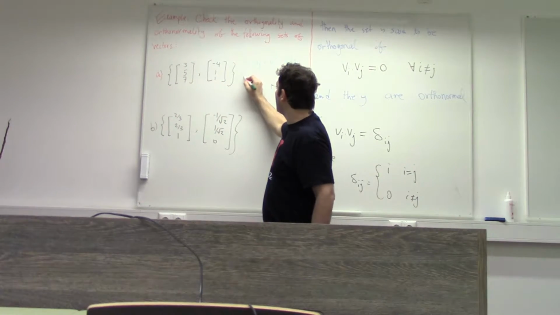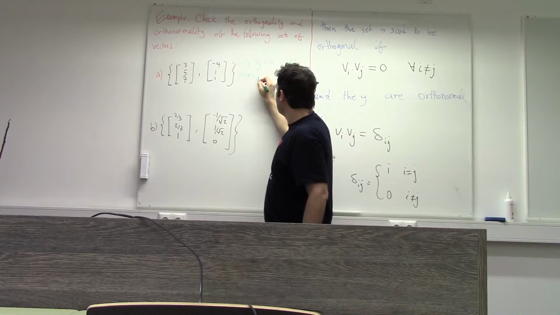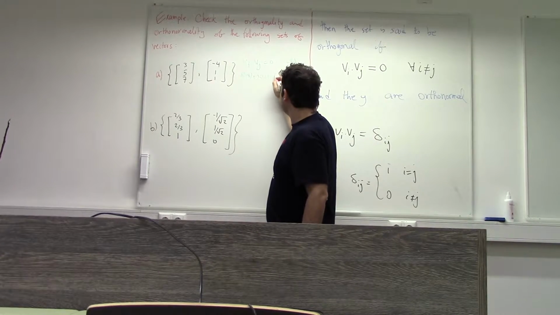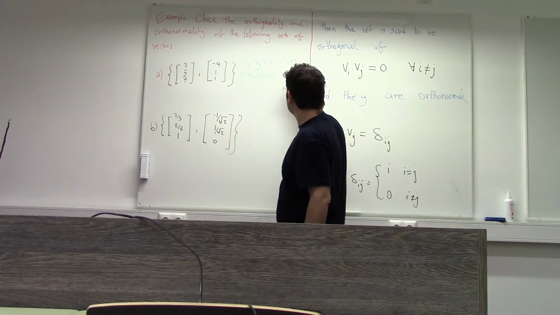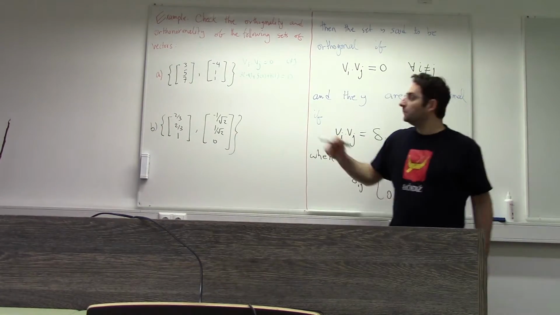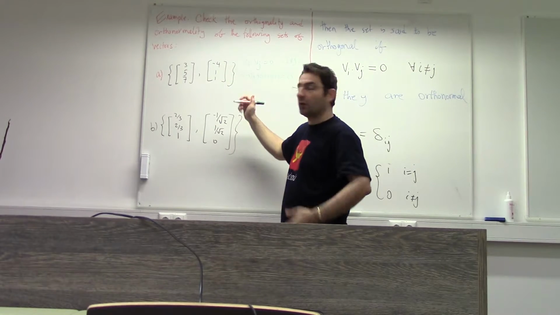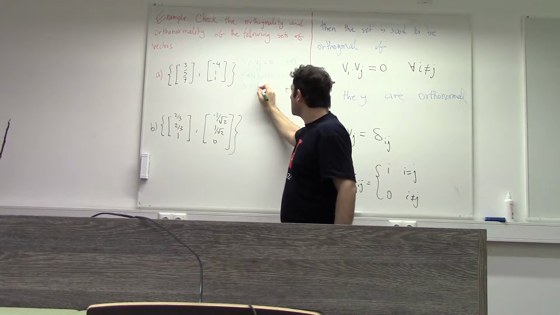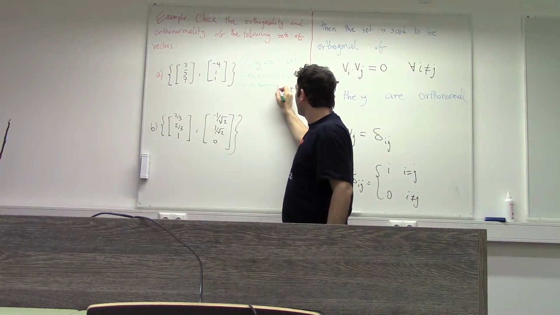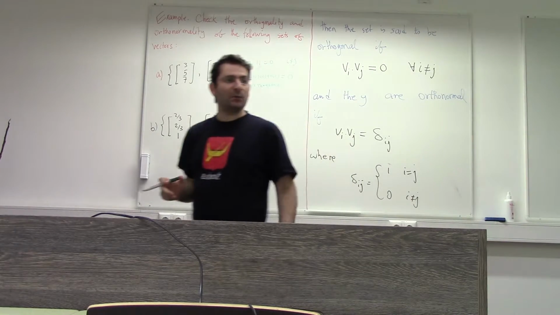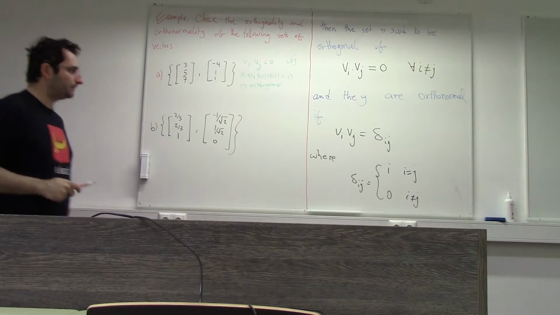So it will be 3 multiplied by minus 4 plus 5 multiplied by 1 plus 7 multiplied by 1, which is equal to 0. We don't have any other vector to check. If it had 3, we would have to check all the combinations. So it is orthogonal.